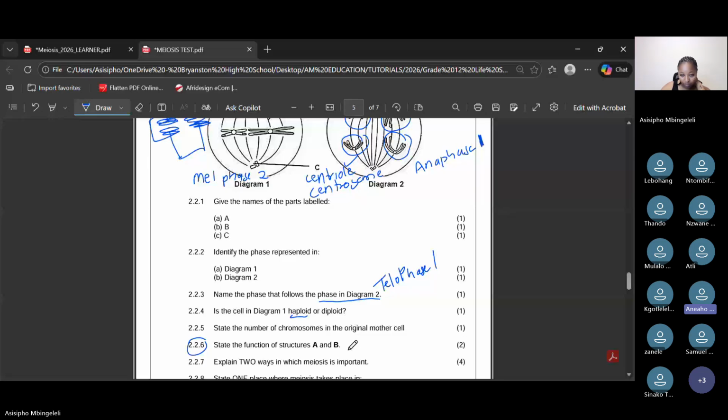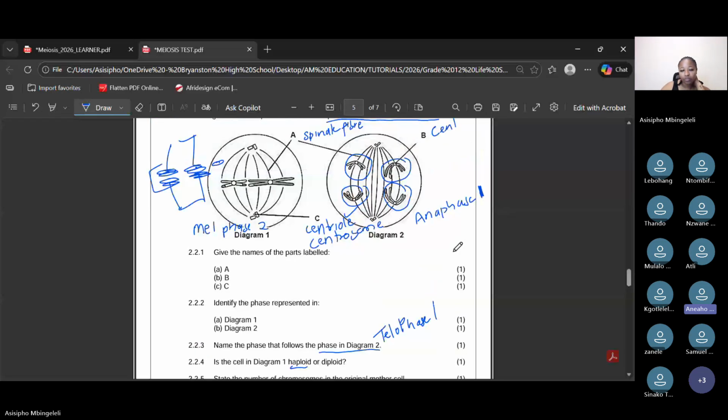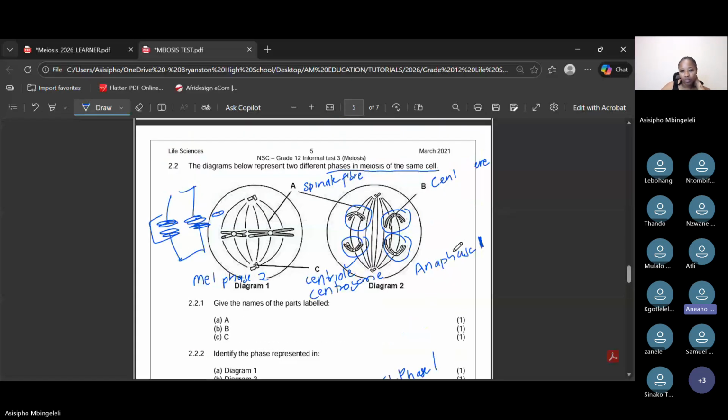The function of structure A, the spindle fiber, is to pull the chromosomes to opposite poles. That's 1 mark. Then the function of structure B, the centromere, is to join the chromatids.